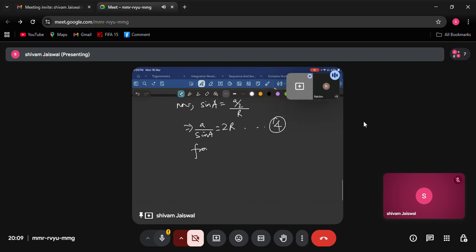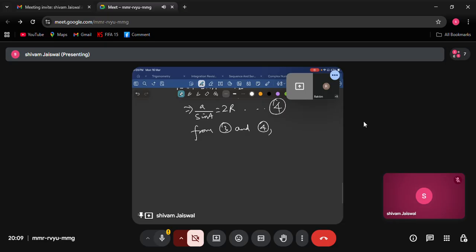From 3 and 4 we can say A by sine A is equal to B by sine B is equal to C by sine C is equal to twice the circumradius. Hence proved. Very simple.